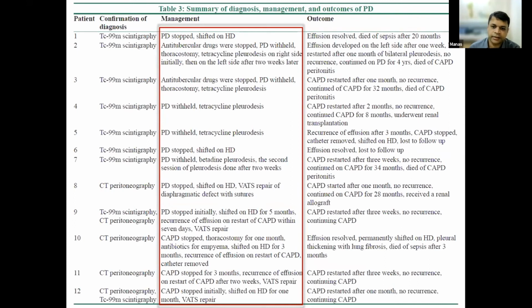Then CAPD was restarted in many of the patients. Many patients have recurred, so they were either permanently shifted to hemodialysis, or many underwent transplantation after that.